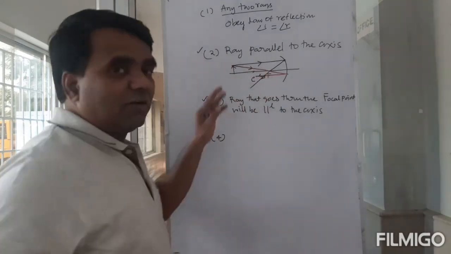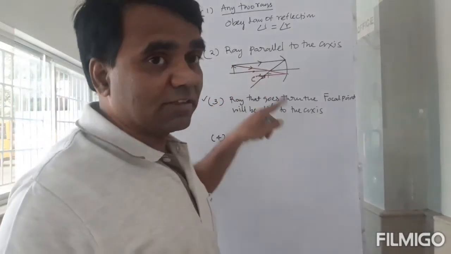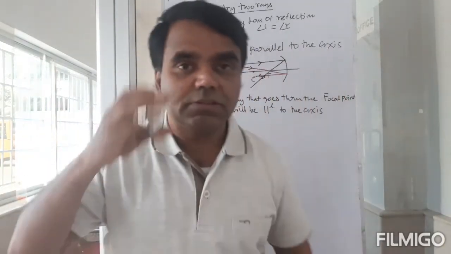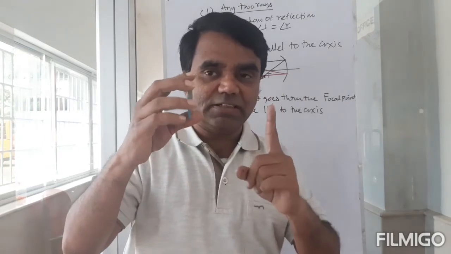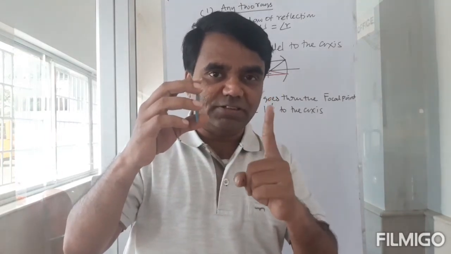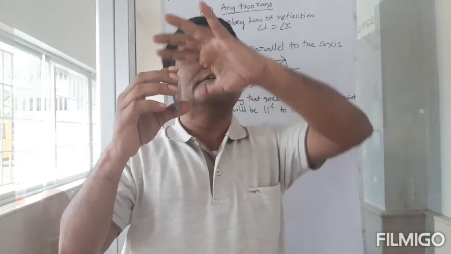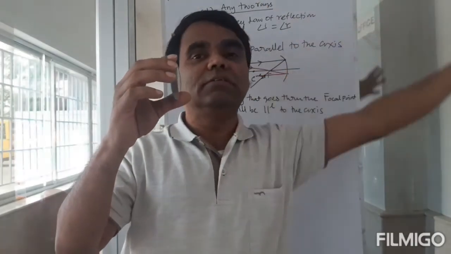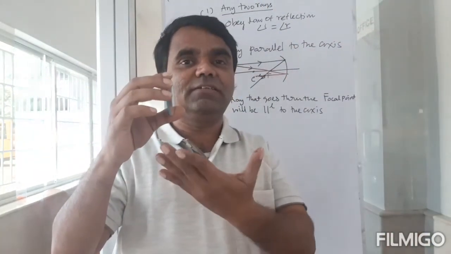This may not be possible all the time. Because if I take this mirror and if I take an object here, the object is 0. You see, I'm going to draw a big sphere, right?